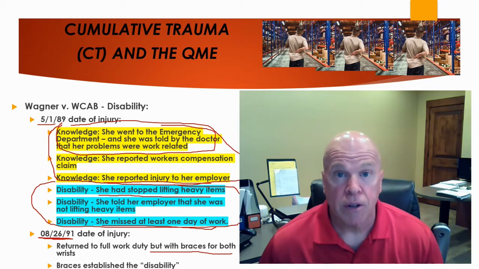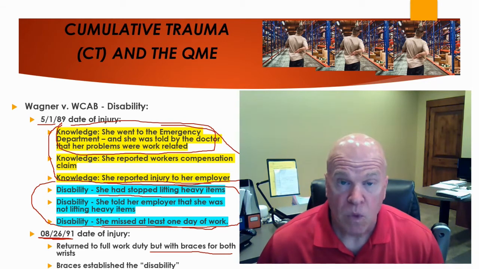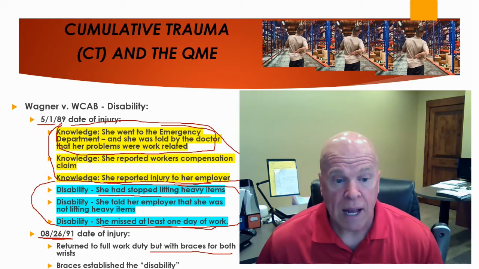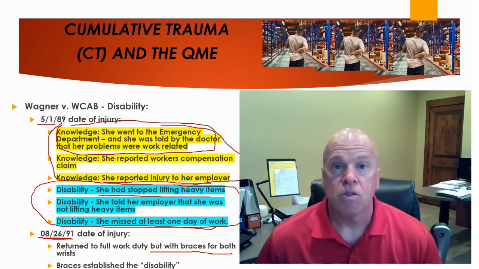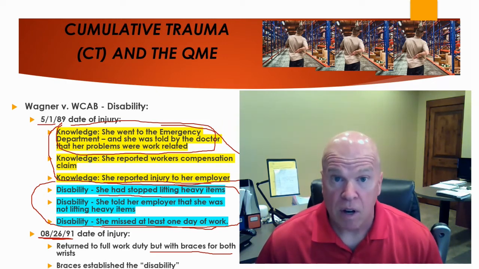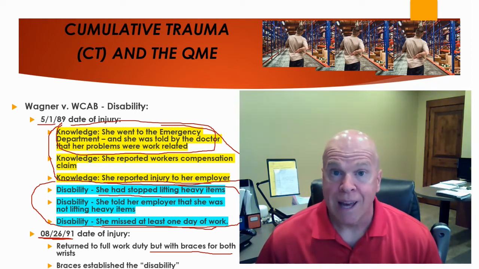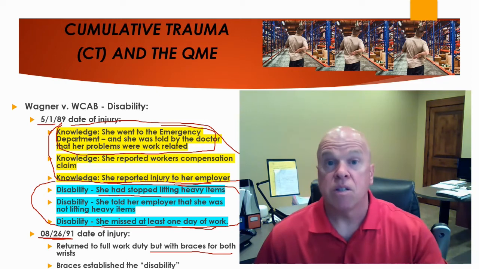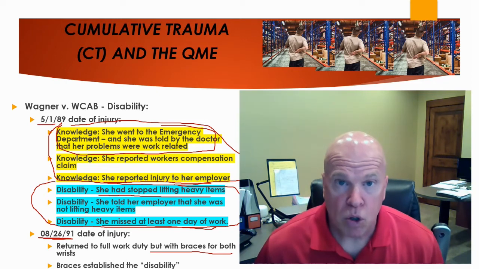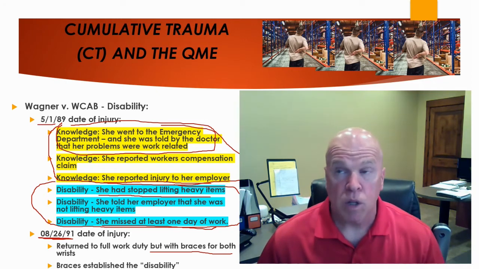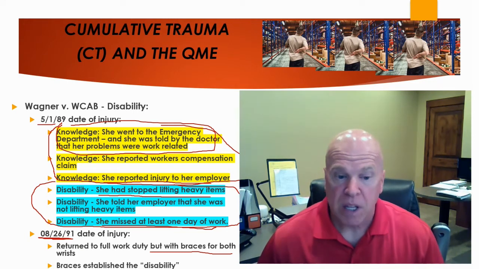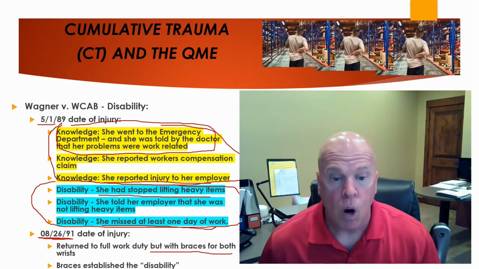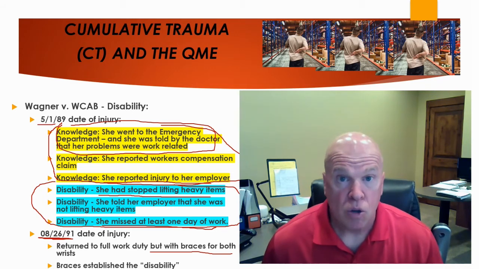So in this particular case, the Court of Appeals decided that it was the braces, the need for orthopedic devices, not the first day of suffering of symptoms, not the day of first medical treatment, not the day of knowledge. In this case, unlike post-employment cumulative trauma claims where the knowledge comes after the disability, the knowledge came before the date of the disability.